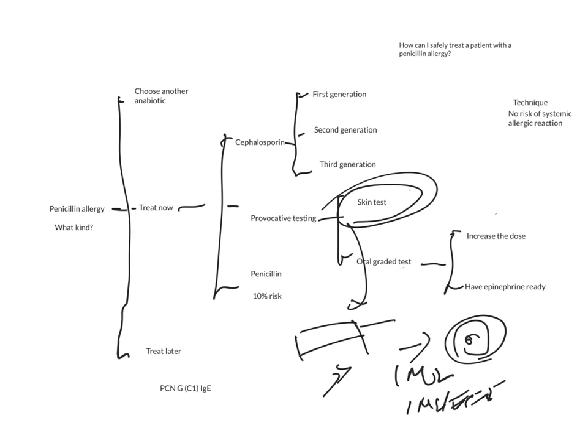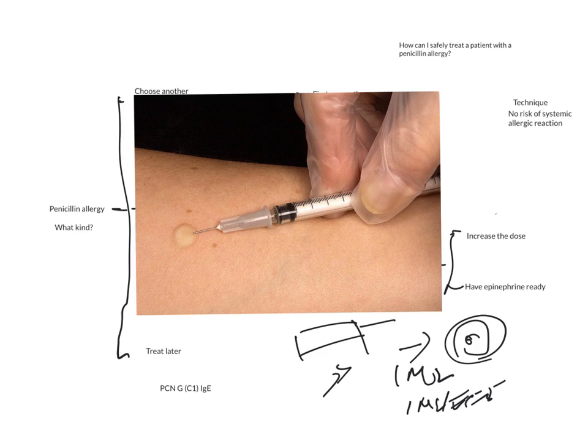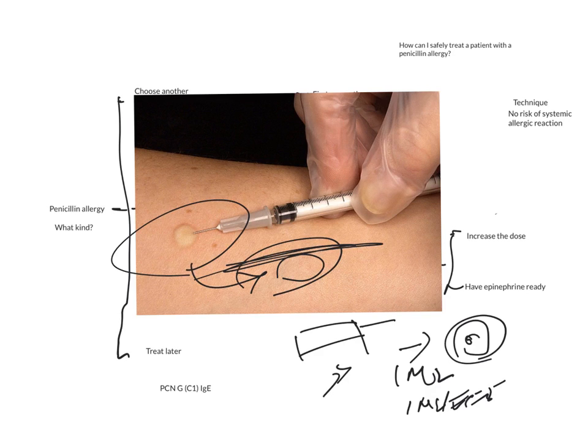It looks like this. It's just like a tuberculin test, like a Mantoux test for TB. You're taking this, injecting a small amount under the skin, and then waiting for any increase in redness around the area of the skin. If it's positive, then obviously no penicillin for them.